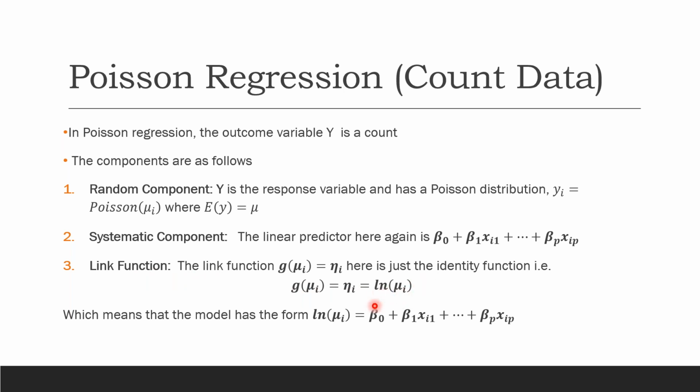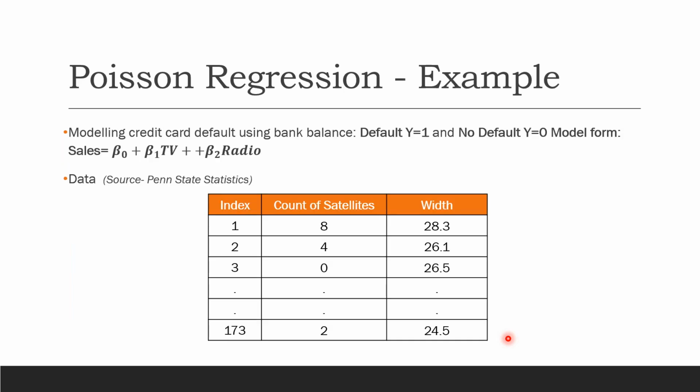So log of mu i is equal to this value. If you want to know the value of mu, all you have to do is take the exponential of this expression. So, looking at an example of this.